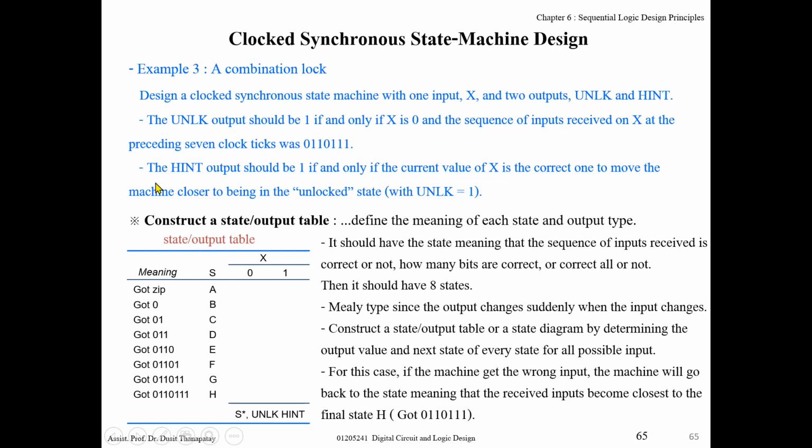The output hint should be 1 if and only if the current value of X is the correct one to move the machine closer to being in the unlock state, in which unlock is 1.